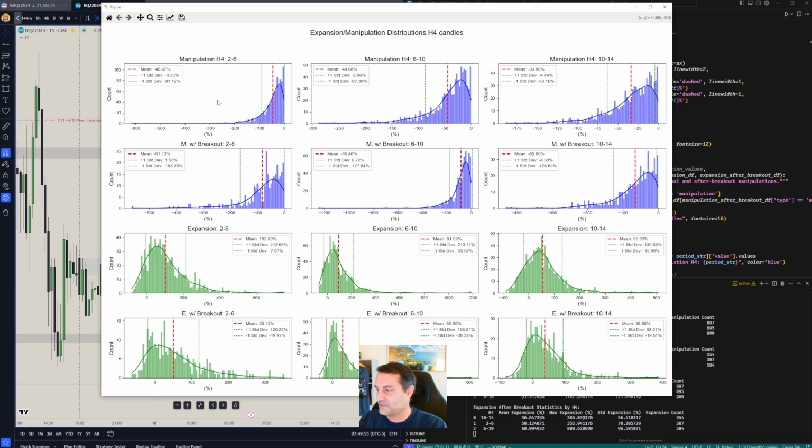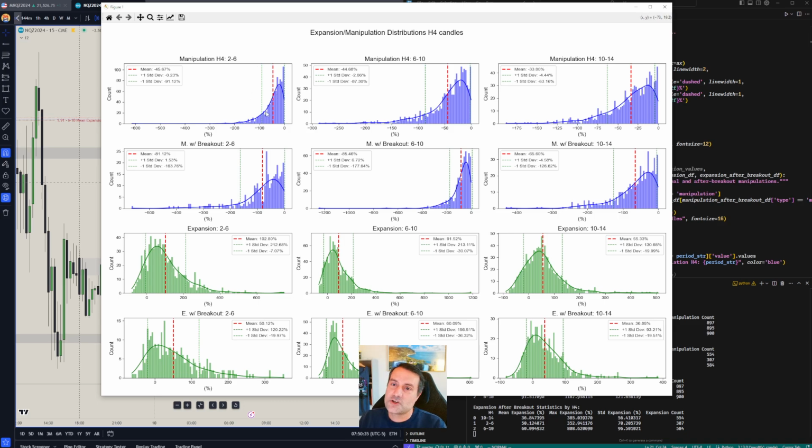And if you know what the standard deviation means, the range between -1 and +1 standard deviation is the range within which, 2 out of 3 times, a certain value will fit in a probability distribution. So in general, if you want to know how much the 2 to 6 H4 candle will retrace before expanding, on average it's half of the previous candle, and it can get as far as 91%, almost retracing the entire previous candle and starting from basically where it closed.